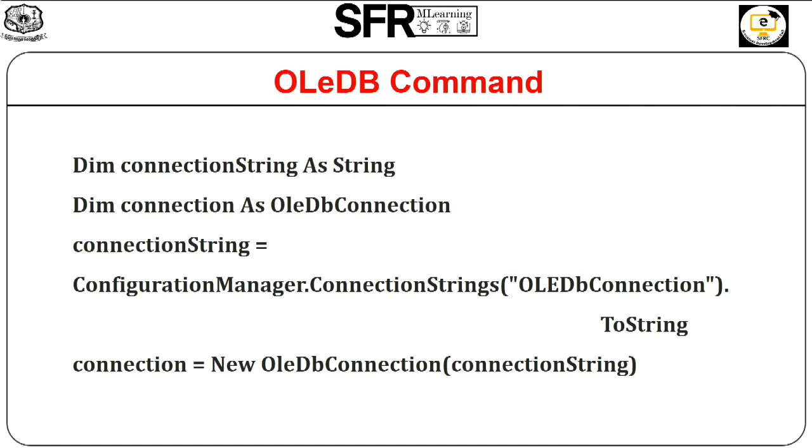We have to pass the connection string which has the values from the previous step, so that should be passed here as an argument. With these four major steps, we can connect our OLEDB database with our ASP.NET application. It is very simple; our process can be made very simple with these four default steps.